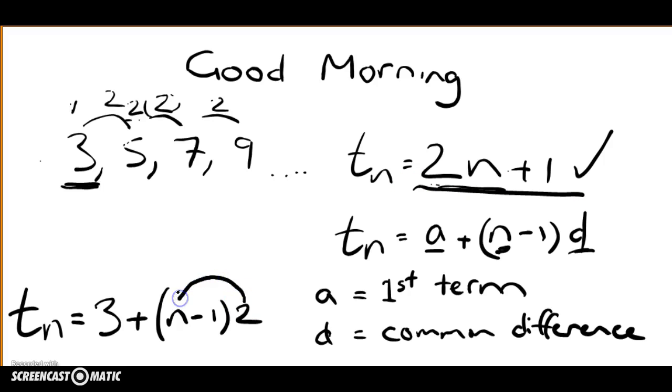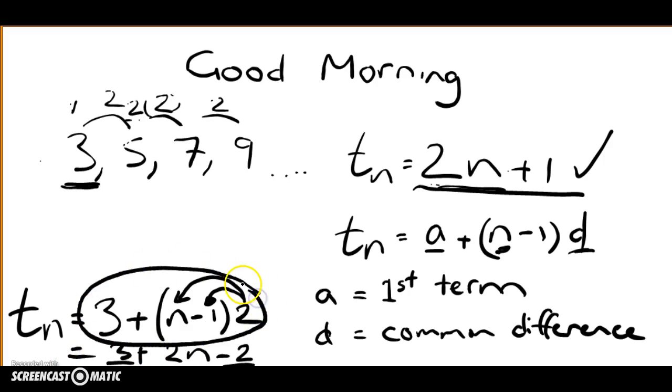So multiply the 2 by the n, with 2n, multiply the 2 by the minus 1, you get minus 2, still got a plus 3, and if you add 3 with minus 2, you get plus 1. So you can see there that this equation is the same as this equation.